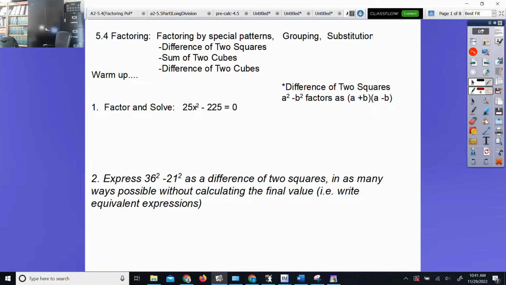What do you think 25 and 225 have in common? A little more than 5. 25.